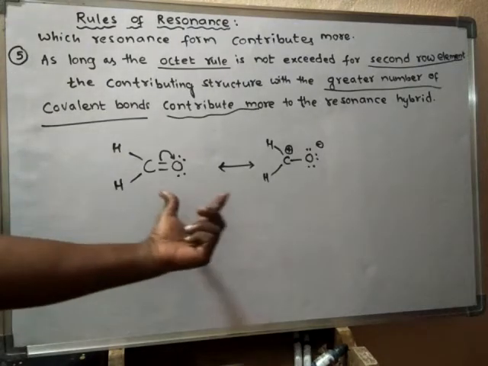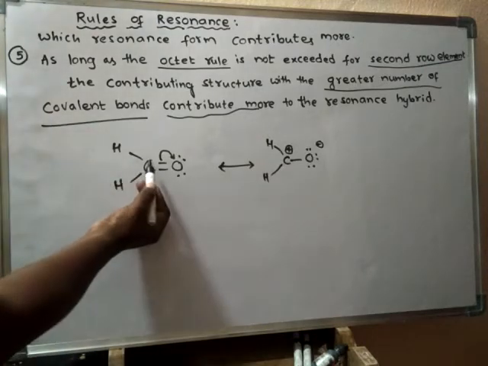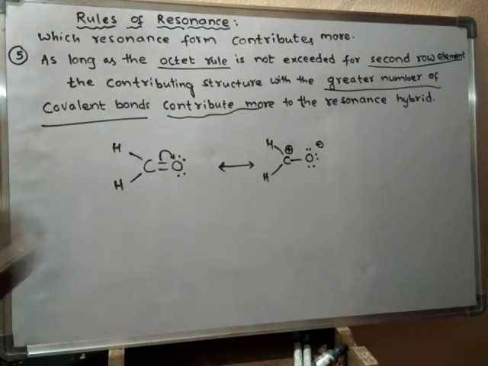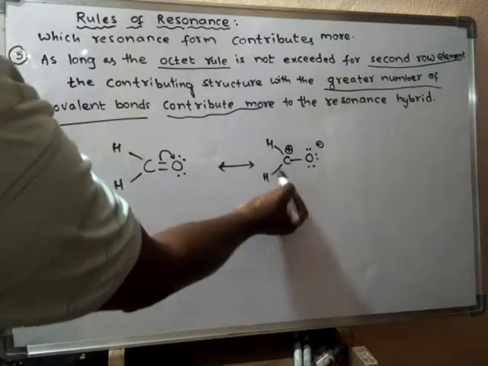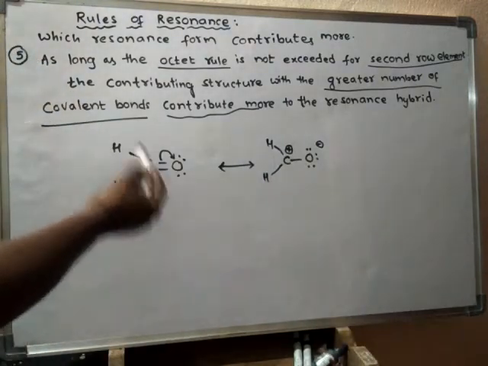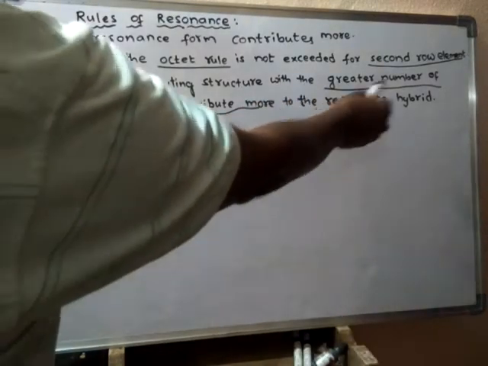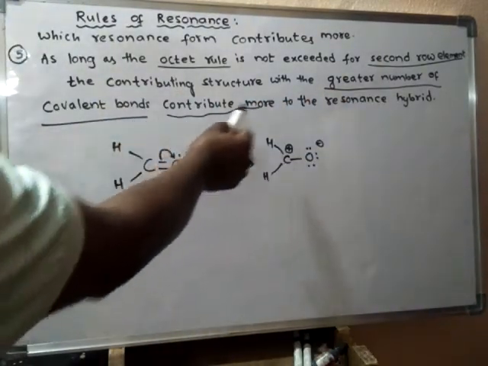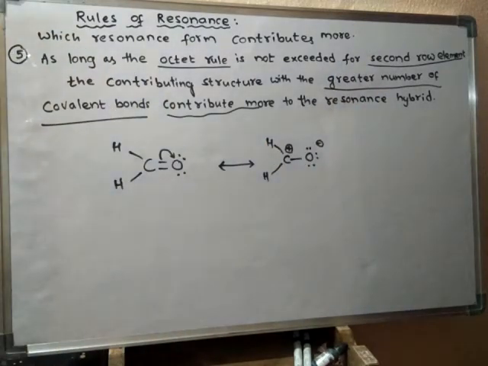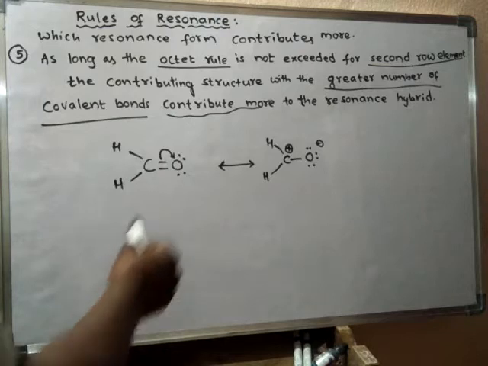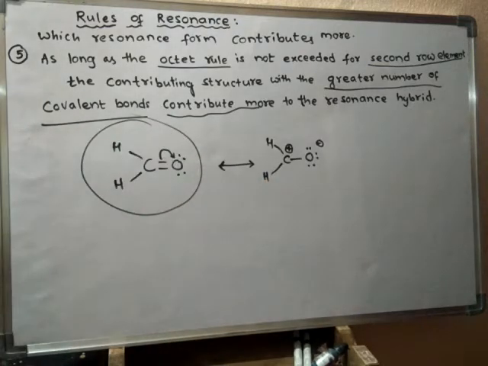In this structure carbon has 1, 2, 3, 4 bonds, but in this structure carbon has only 3 bonds. Here 4 covalent bonds are present, so this is the more stable structure, and it will contribute more.